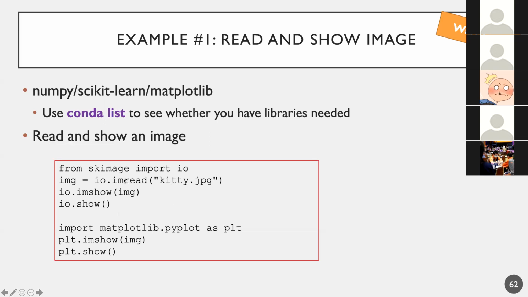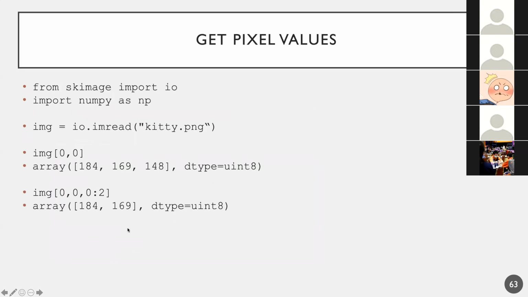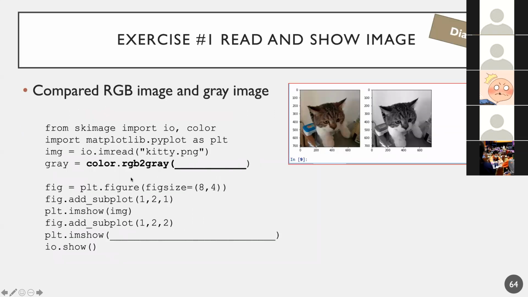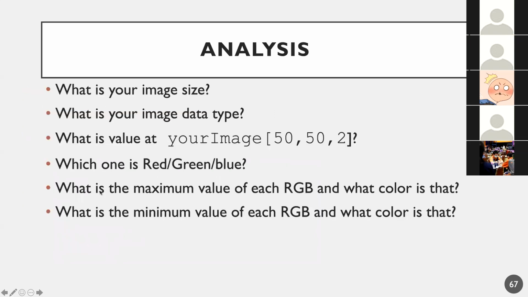This image will be read using a library called scikit-image, and then you will show the image using io from scikit-image and matplotlib. Then we'll go on to get the pixel value of an image, and we'll ask you to read and show an image using different libraries like scikit-image and OpenCV.